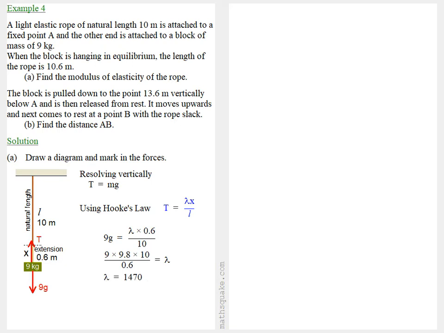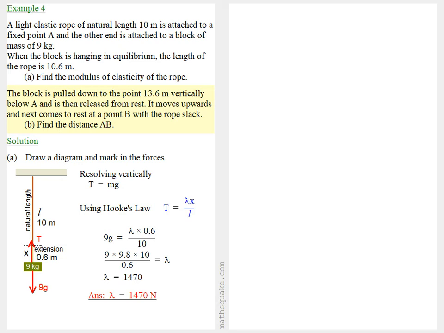And that works out, lambda is 1470. And so we have the modulus of elasticity, lambda, is equal to 1470 newtons.